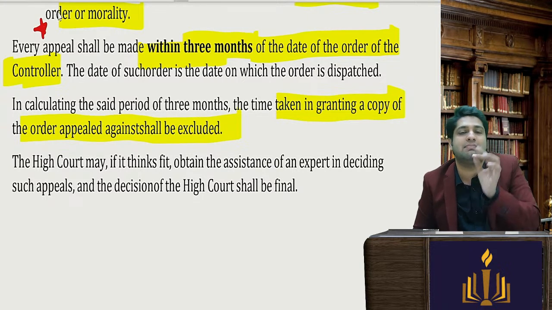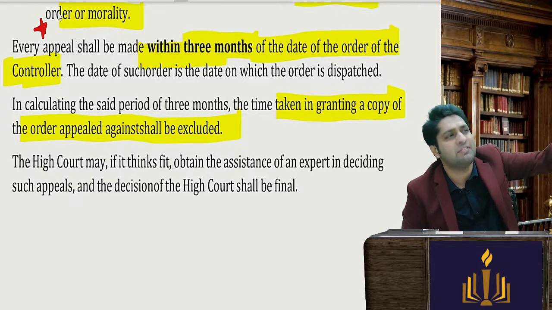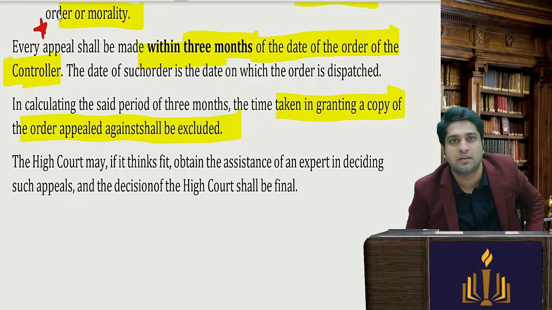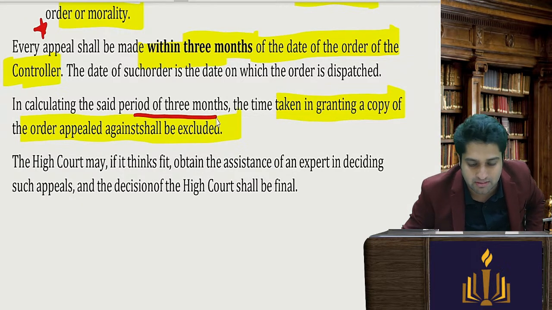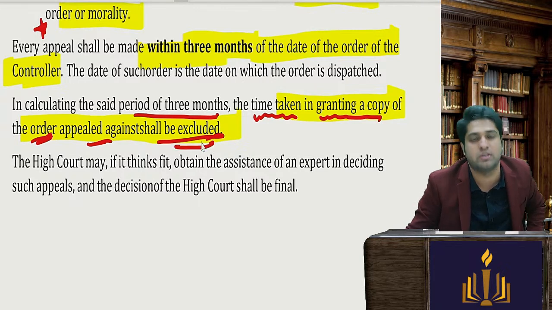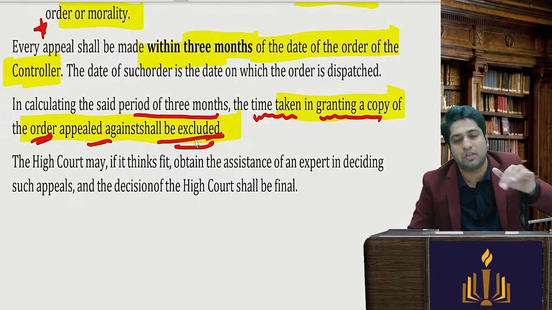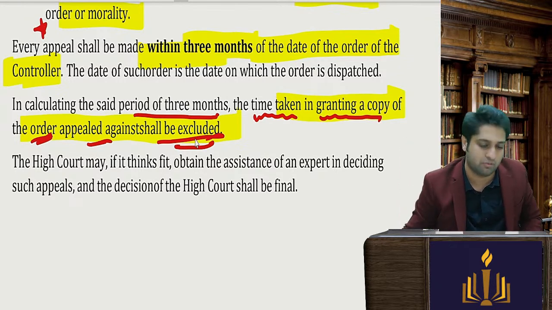So that 2 days time period will be excluded, because I can file an appeal only if I get the copy, the physical copy with the stamp of the court. So in calculating the said period of 3 months, the time taken in granting a copy of the order appealed against shall be excluded. So if they had taken 5 days to give me the order copy, that 5 days will be excluded. After that 3 months will be counted.